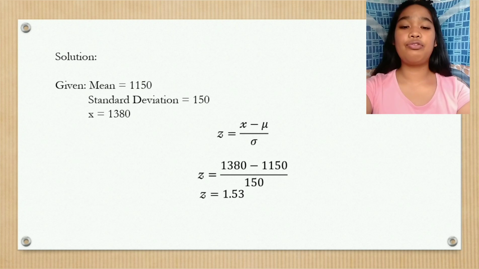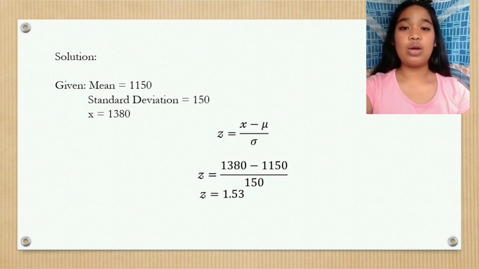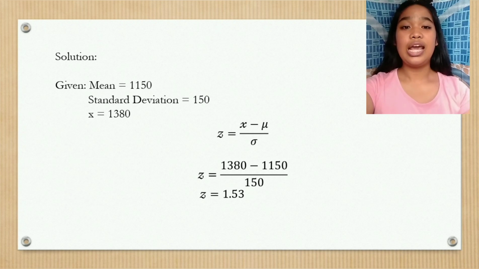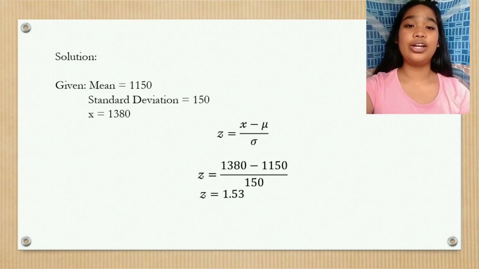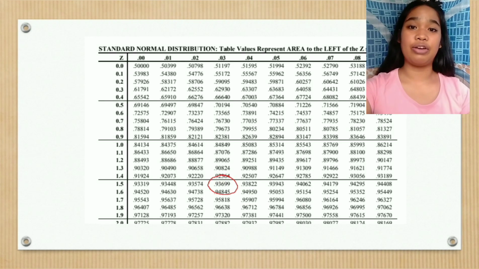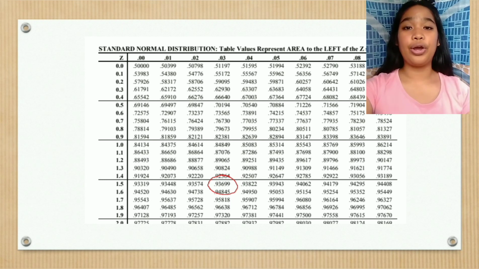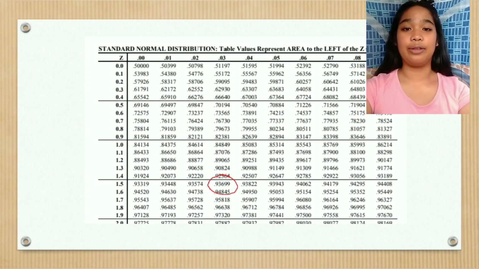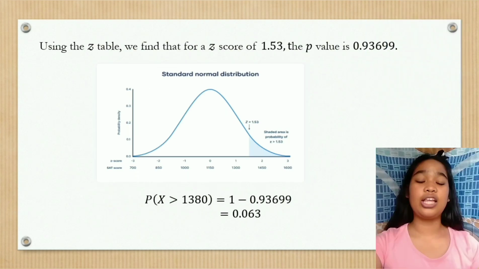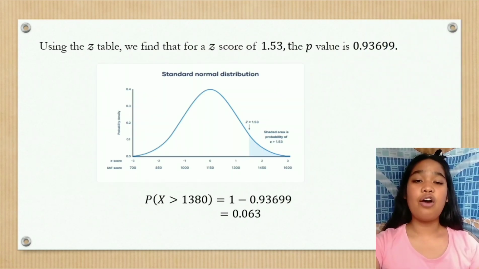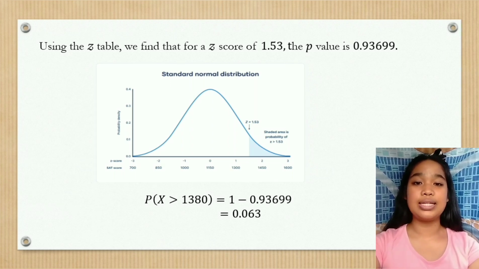Now, we will find this z equals 1.53 in our z table. Then, here is the value for 1.53: 0.93699.